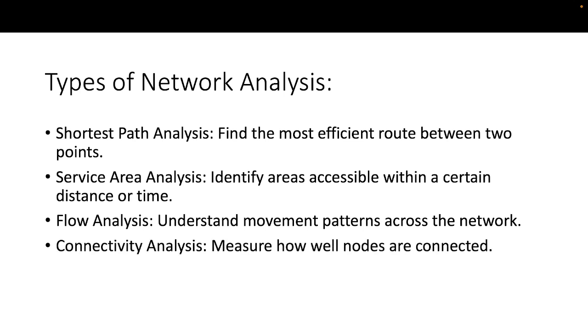And connectivity analysis measures how well nodes are connected. So in this series, I will try to explain all of these analysis methods. But in today's session, I will discuss the shortest path analysis, how we can easily find the most efficient route between two points.